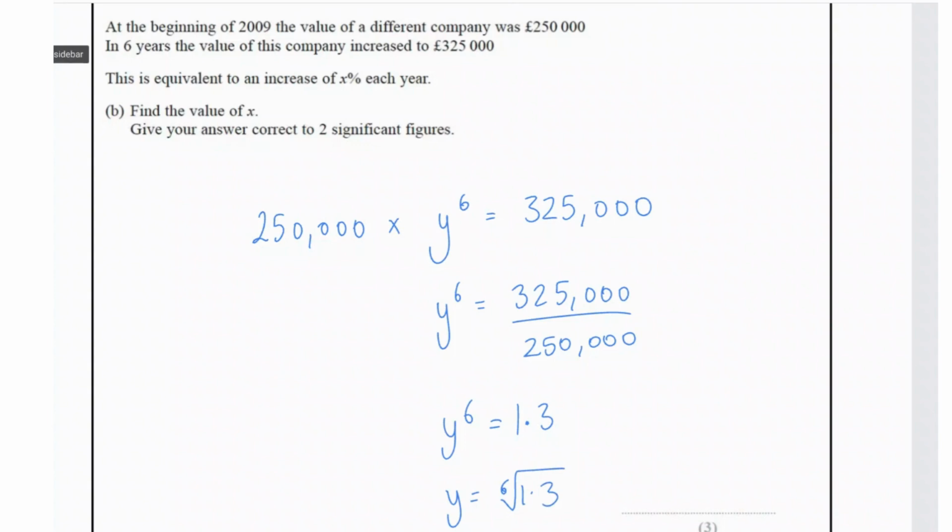And the sixth root of that is, so we now know that Y is 1.04469. So we need to figure out what the percentage interest rate is. Well, this is 104.469%. So the interest rate is 4.5%. So that's what we should put as our answer.